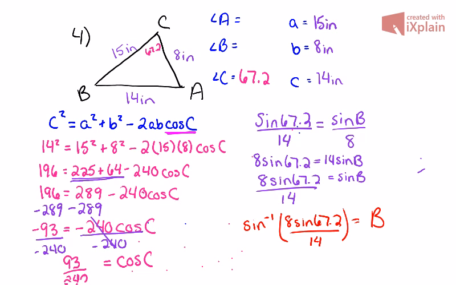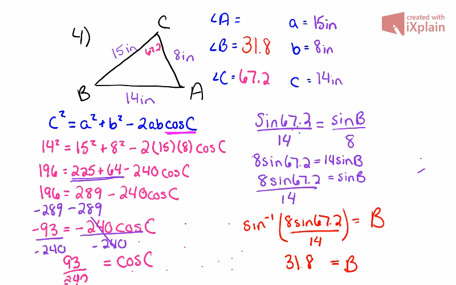And that will leave me with B. So if I put that into my calculator, inverse sine of 8 times the sine of 67.2 divided by 14, I get 31.78 or 31.8 for angle B.